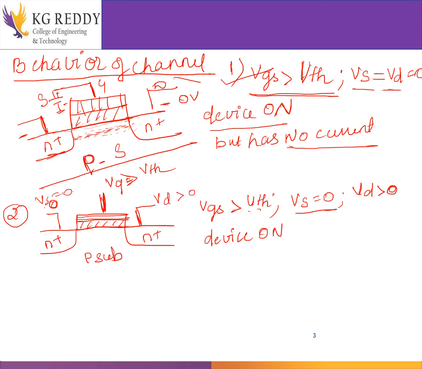Again, the same scenario: we know that the electrons occupy this region. Free electrons accumulate at this area between the source and drain and have a voltage difference and have the current.